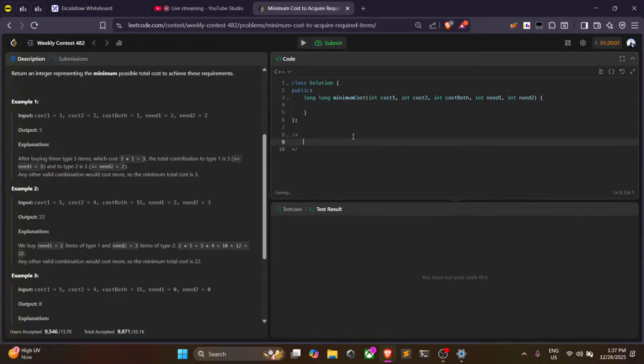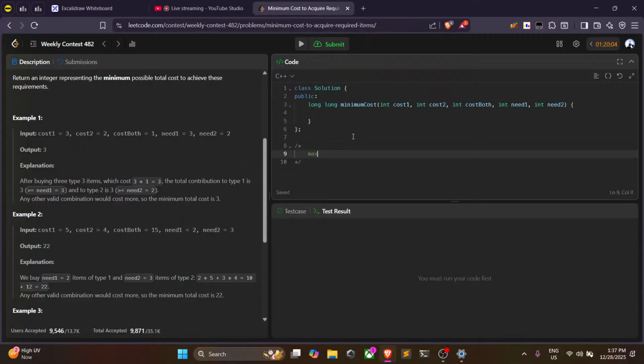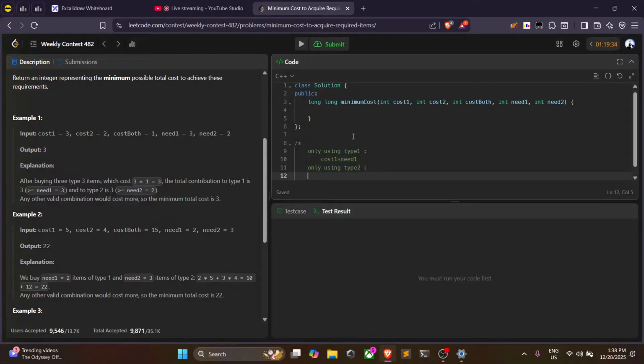Using only type 1 is basically cost1 into need1, and using only type 2 is basically cost2 into need2.